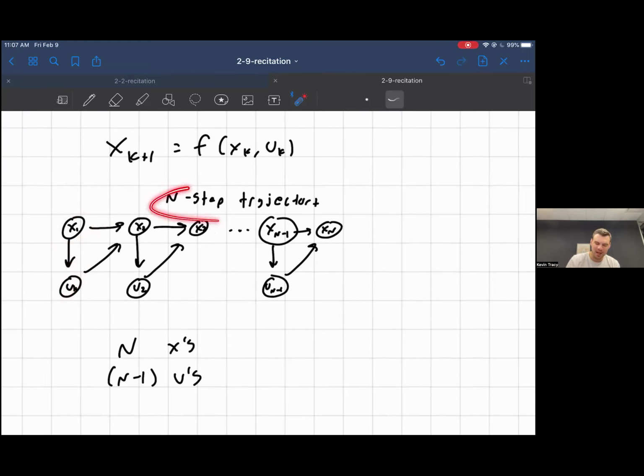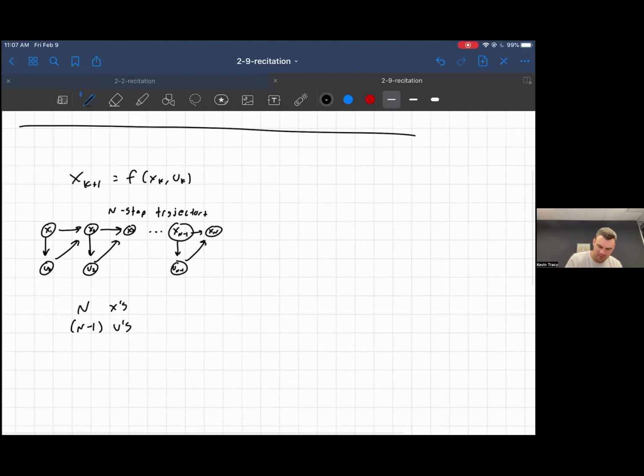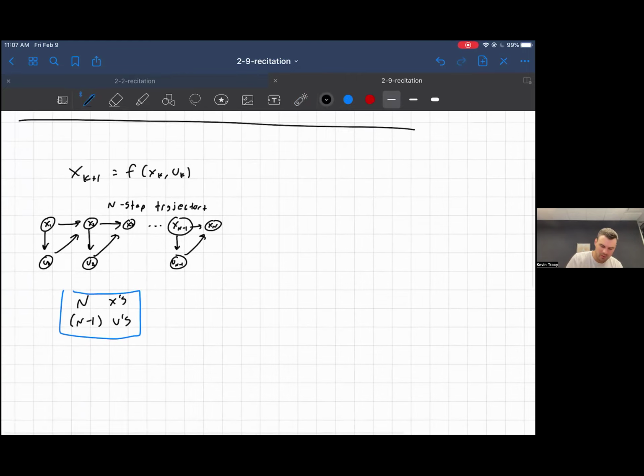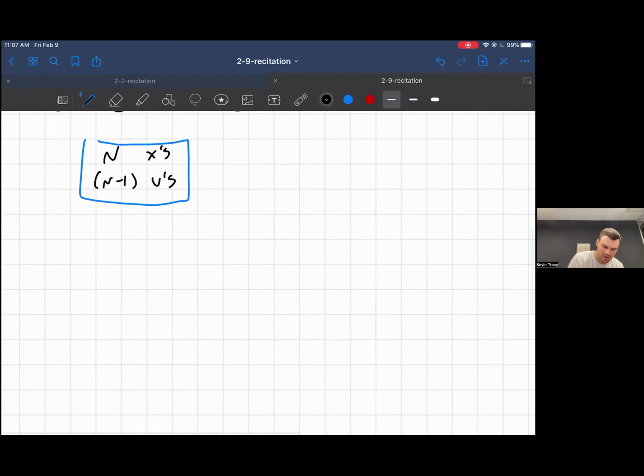So if I need to represent an n-step trajectory, I need n x's, I need n minus 1 u's. And with that, this is the real takeaway.